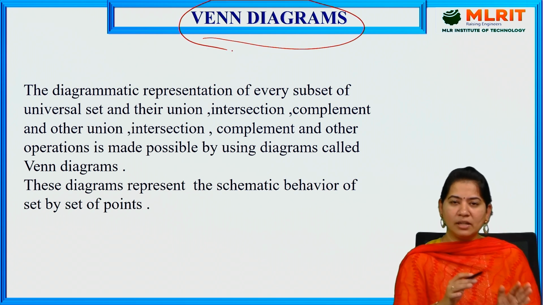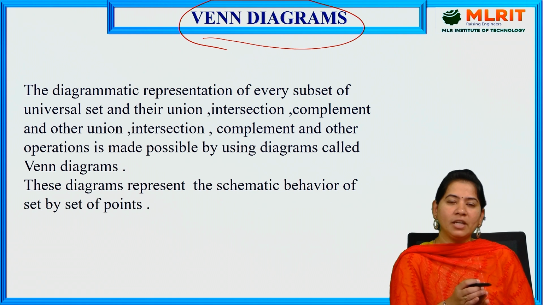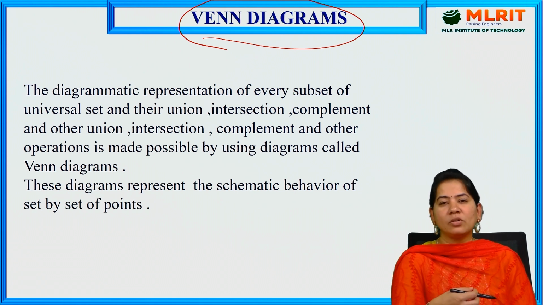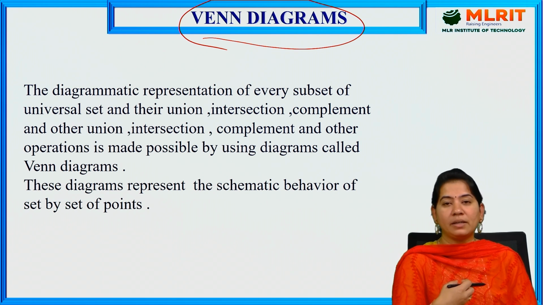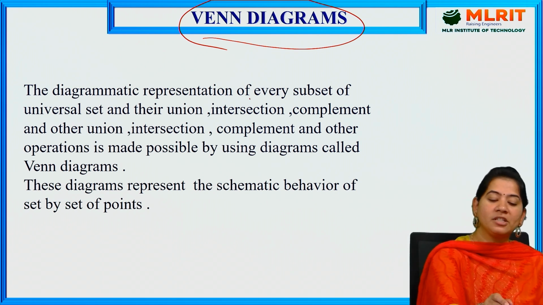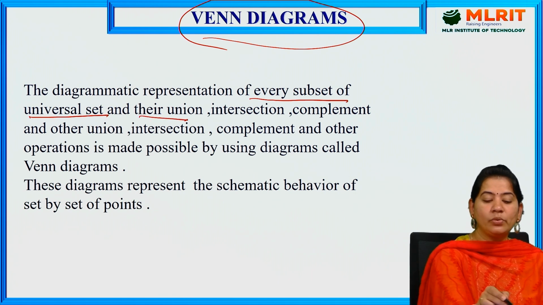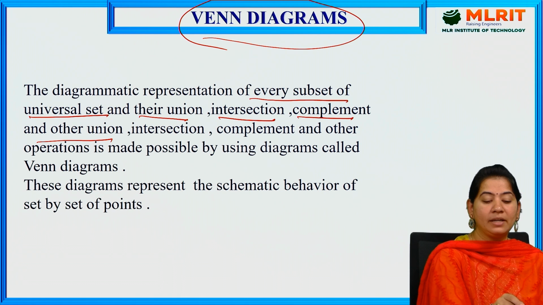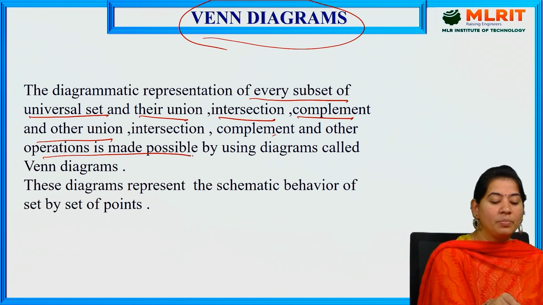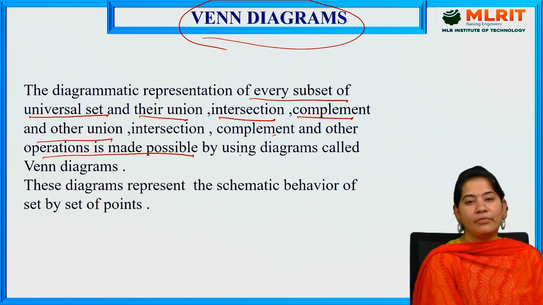Whatever concepts we have discussed up to now, if you represent those sets in the form of pictures or diagrams, that is called a Venn diagram. So the diagrammatic representation of every subset of the universal set and their union, intersection, complement and other operations is called a Venn diagram.